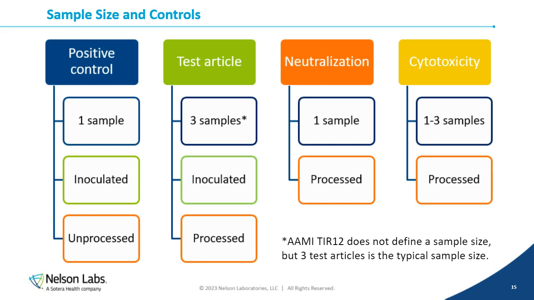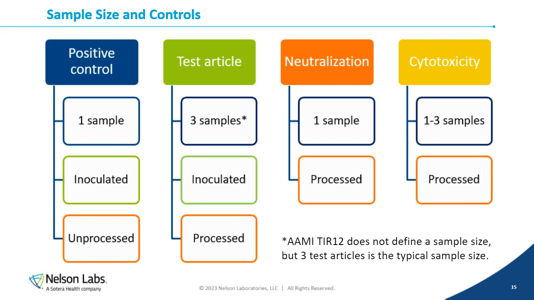AAMI, the new update to AAMI TIR 12 from 2020, does not define a sample size like it used to. However, it is still typical to do 3 test articles. With that in mind, because AAMI TIR 12 does not define a sample size, you may want to assess the complexity of your device when determining how many test articles to do.